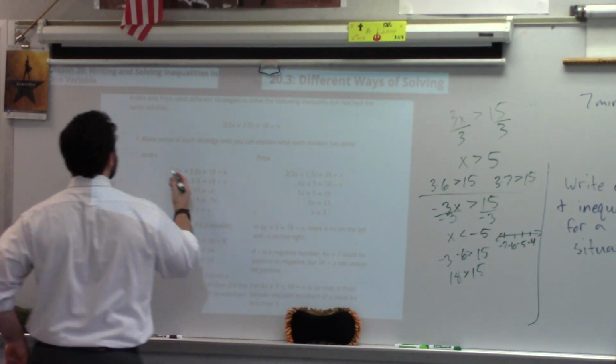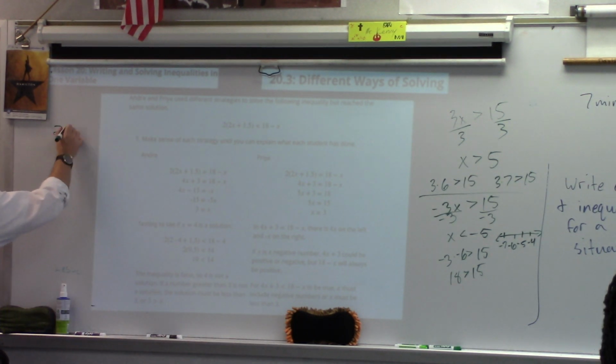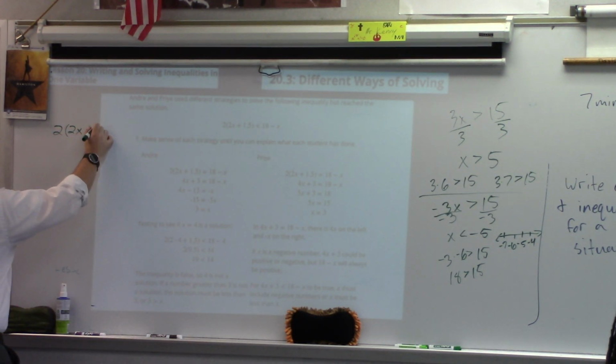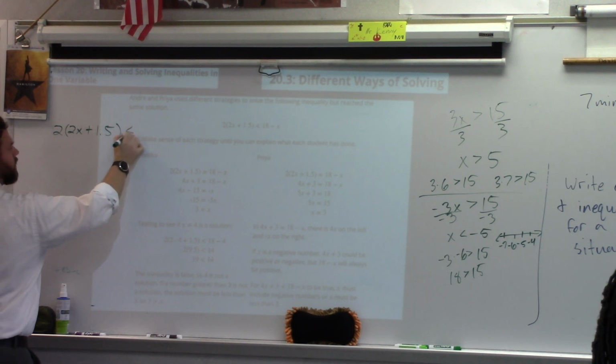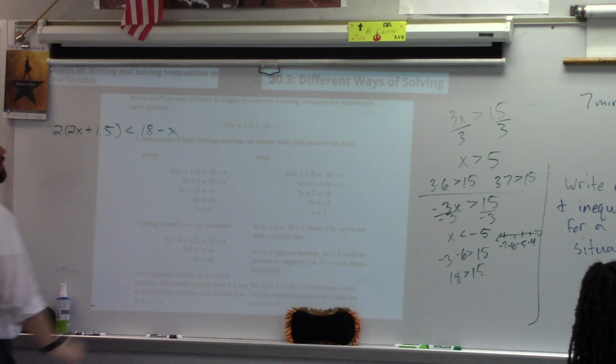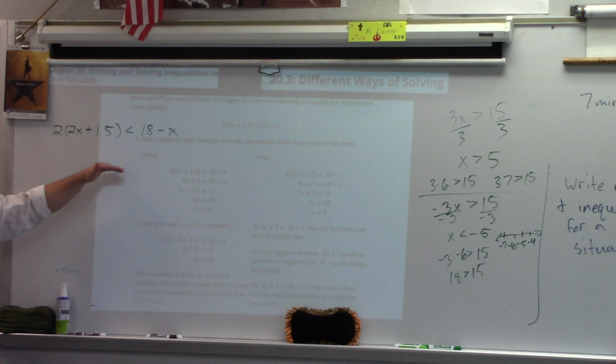Okay, so if you look at Andre and Priya, they had a nice and complicated inequality here. Did they even work it as an inequality though? No. What did they make it right away?